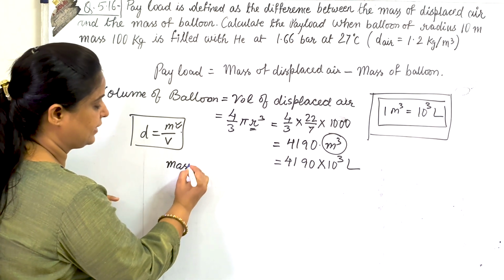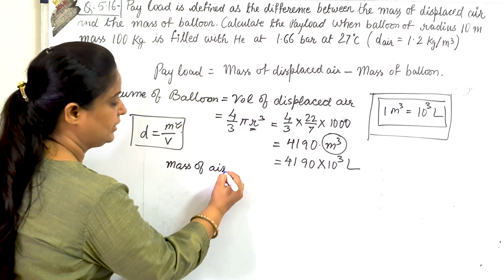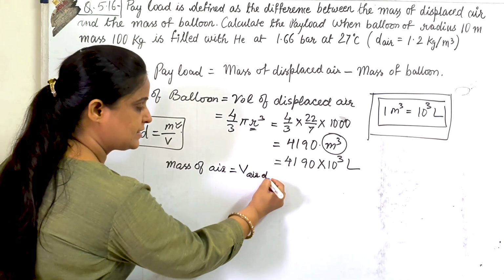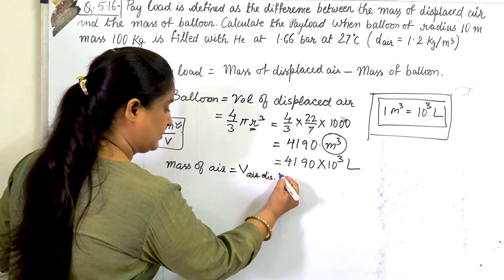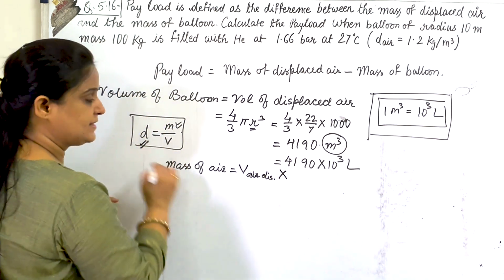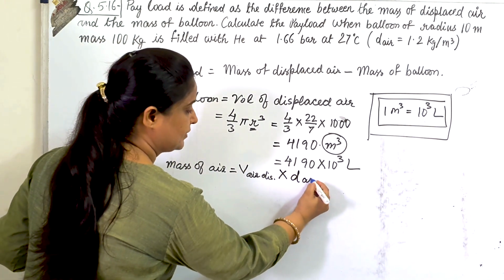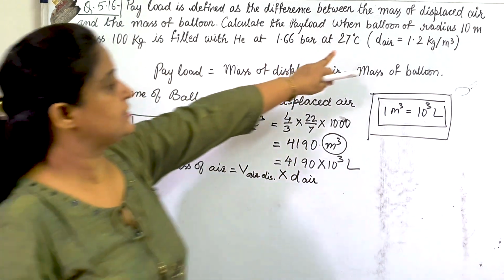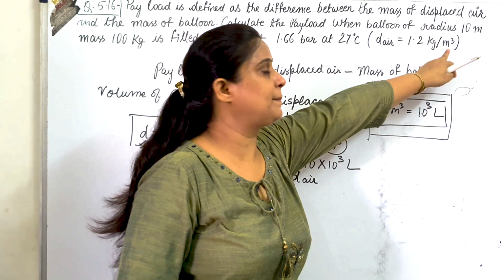The mass of air equals the volume of air displaced multiplied by the density of the air. So look at this, the density of the air is already given to you. The density of air is 1.2 kilogram per meter cube.